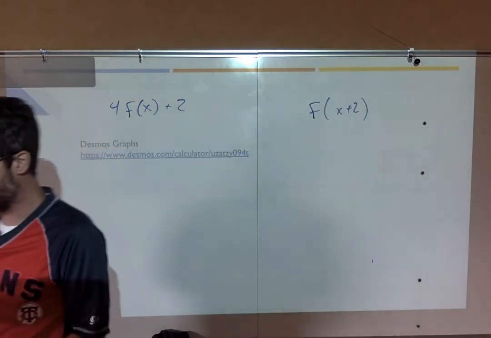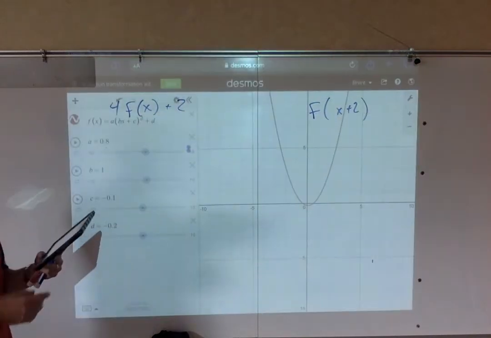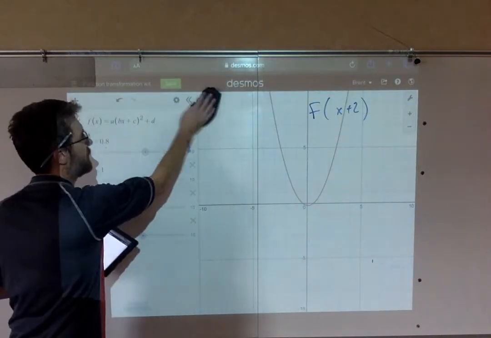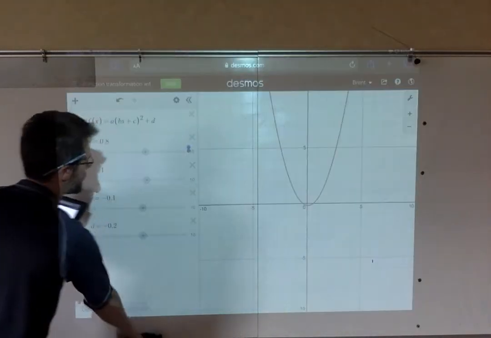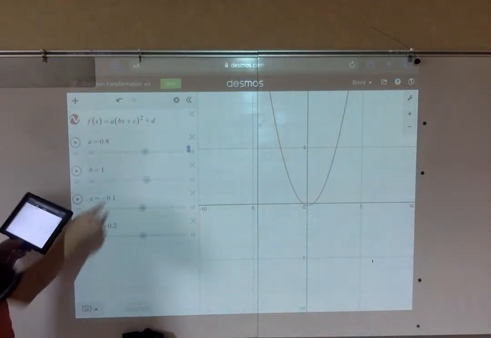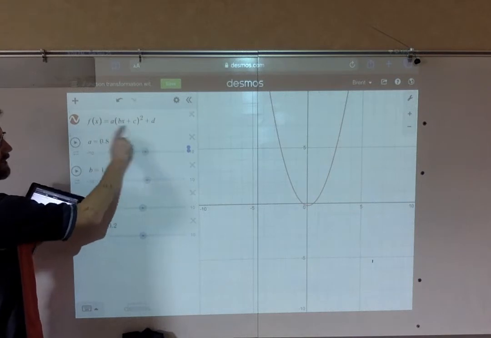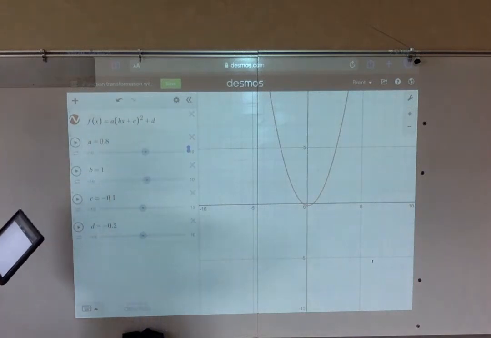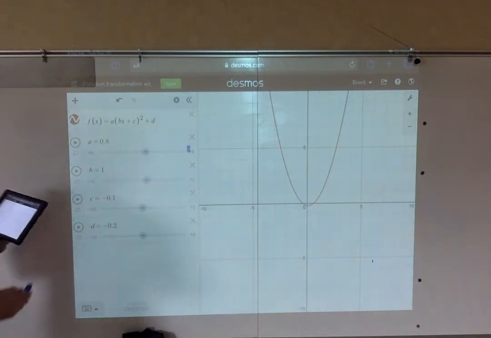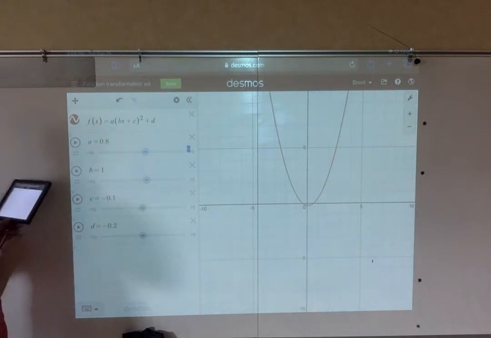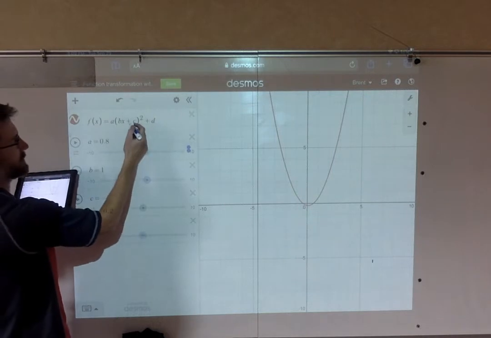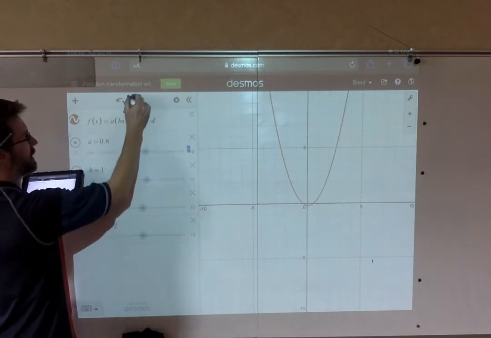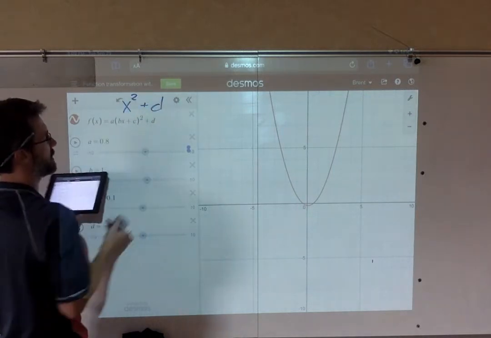Let's take a look at Desmos sliders and see what happens as we manipulate some of this. There's a lot going on in this equation, but I'm going to look at one little piece at a time. We've got a plus d on the outside, so essentially we are doing x squared plus a number.